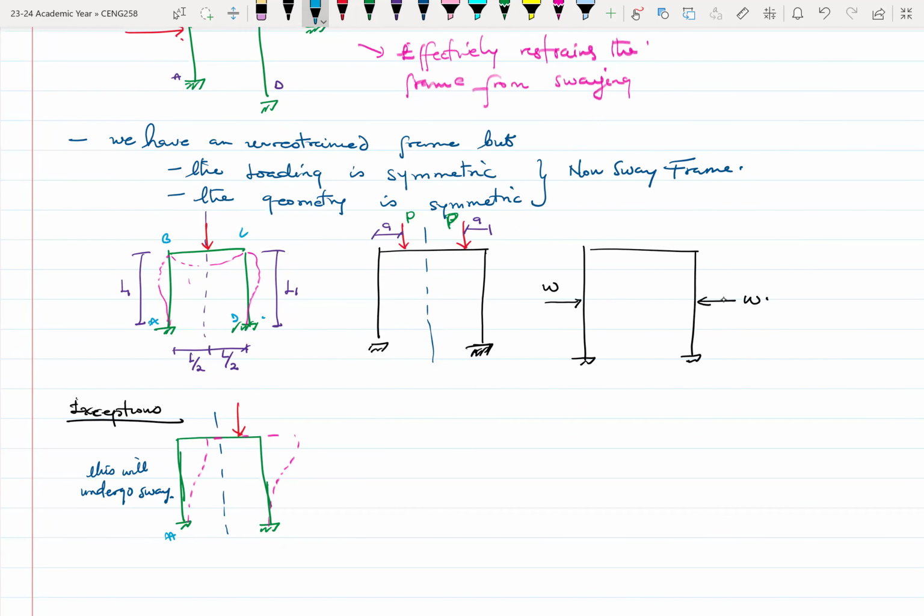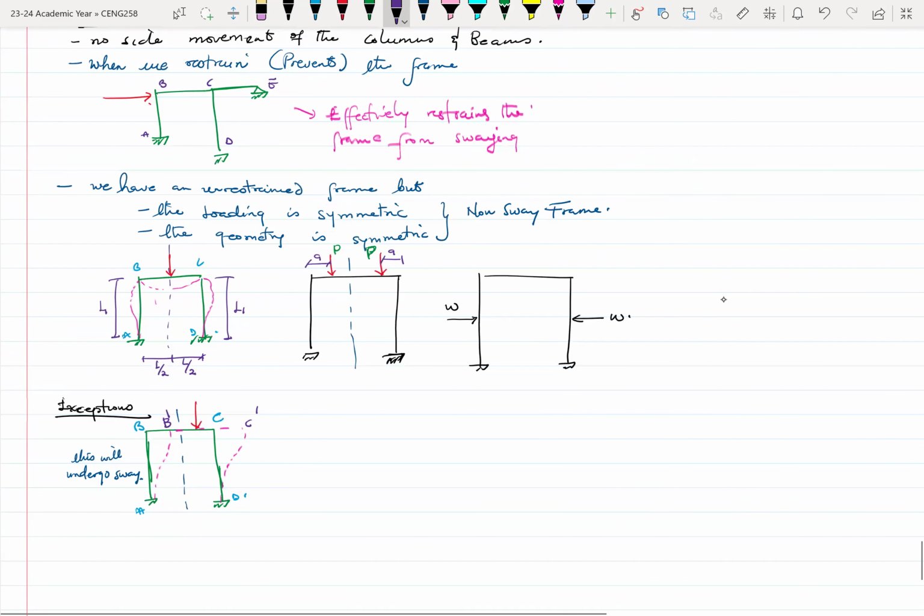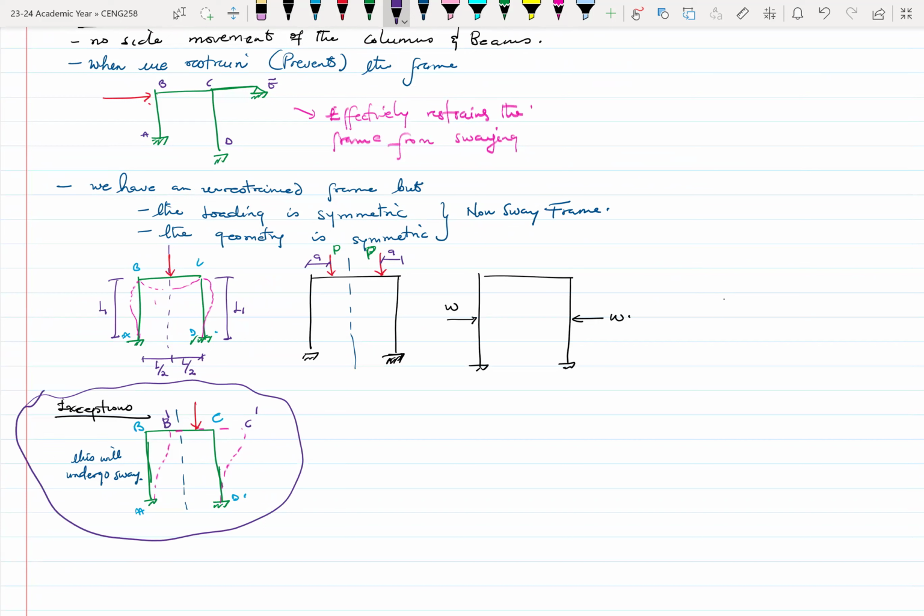But in this case, B and C have moved. Now we have B prime somewhere here, and we have C prime somewhere. So there's been some change in the position of the joints, which means that sway has occurred. Okay. So here's an exception, just to show us when we have sway occurring. Otherwise, the other three that we just looked at will not have sway, or sway is prevented from occurring.